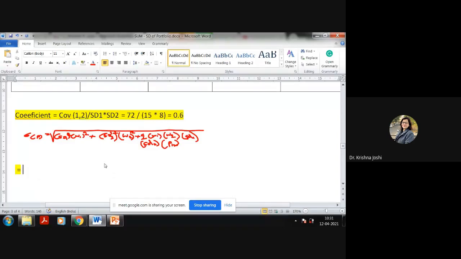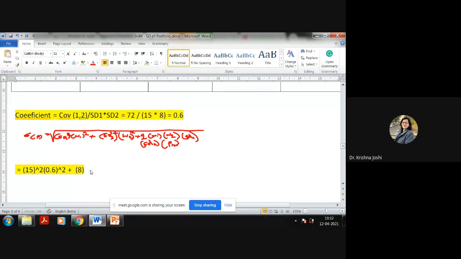So it is equal to the square root of standard deviation 1. What is the standard deviation of 1? That is 15, 15 square. Weight 1, what is the weight 1? 0.6, its square, plus standard deviation 2.